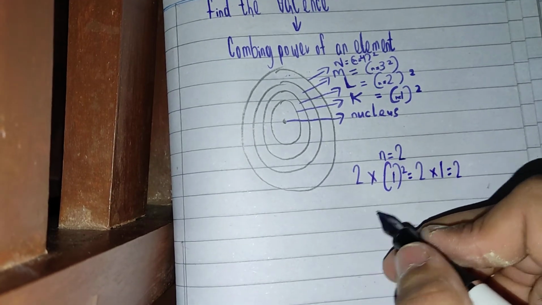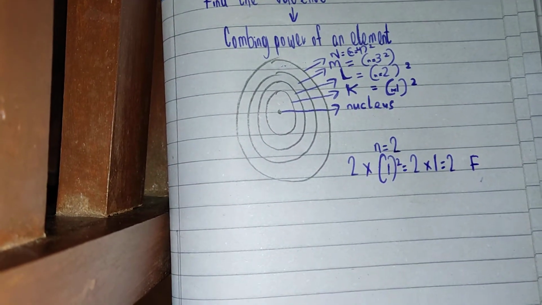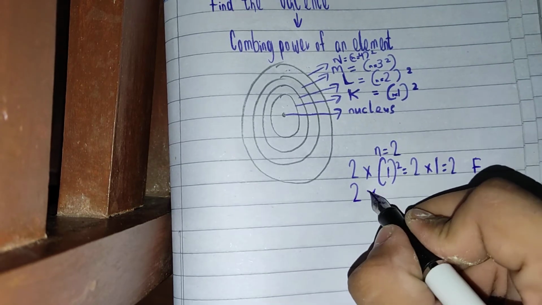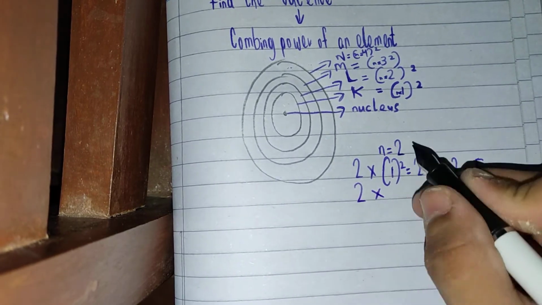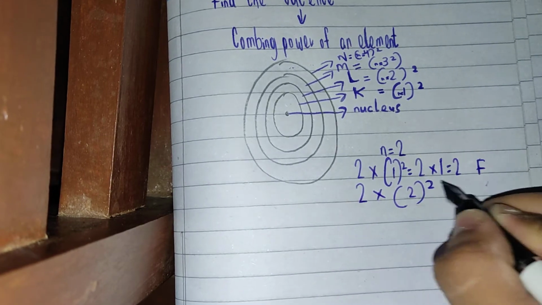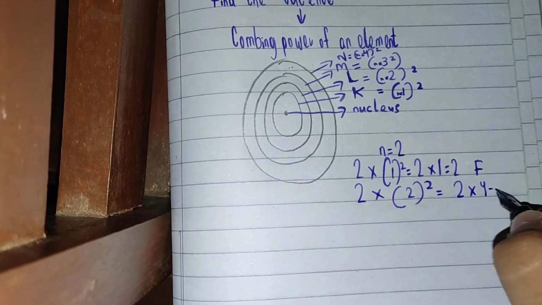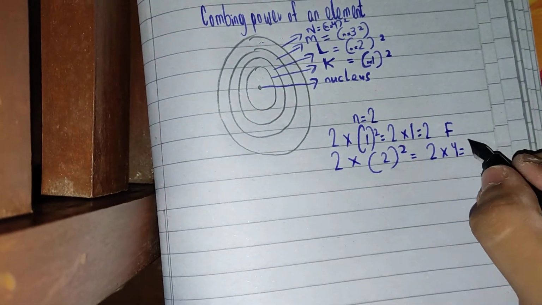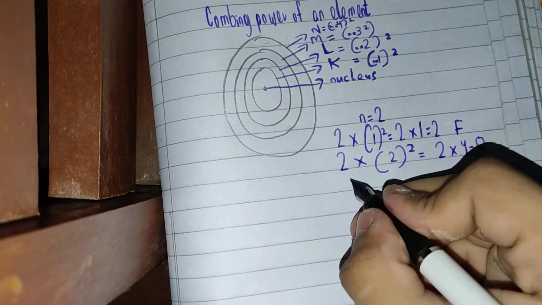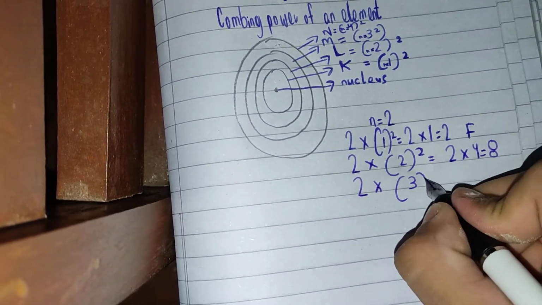The first shell, I'll write it here so you can all understand. Coming to the formula again, the second shell has 2 square: 2 multiplied by 4, since the square of 2 is 4, so 8 electrons are needed to complete the second shell.